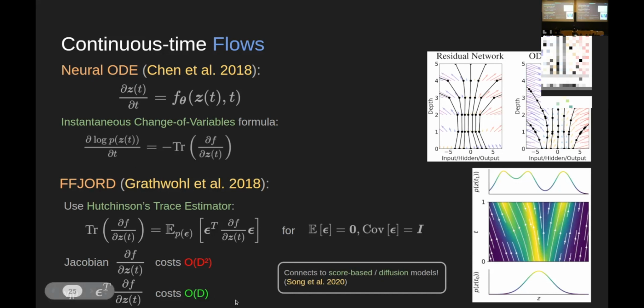And if you look at this Song et al. paper 2020, it was best paper award at ICLR 2021, I think. They use stochastic differential equations to model data, and then you kind of diffuse according to a stochastic differential equation, and you learn to denoise according to that, and so on.